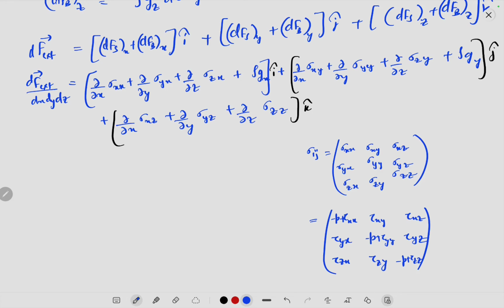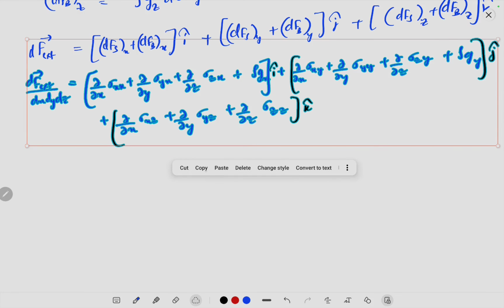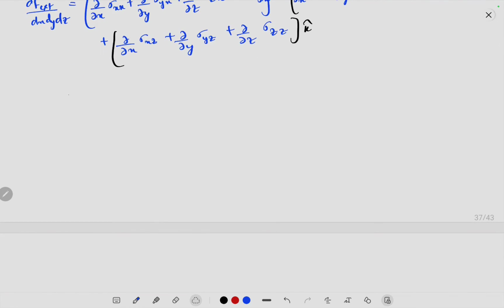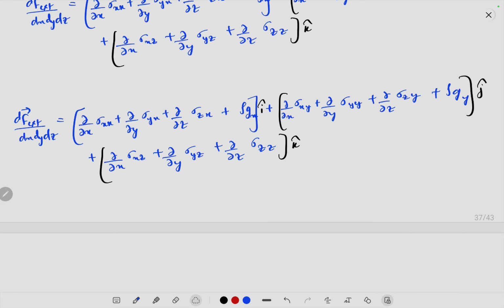So writing all this, let me firstly copy paste this equation so that I don't have to write it again and again. So I had this. Okay, now what is my sigma xx? Sigma xx is minus p plus tau xx.